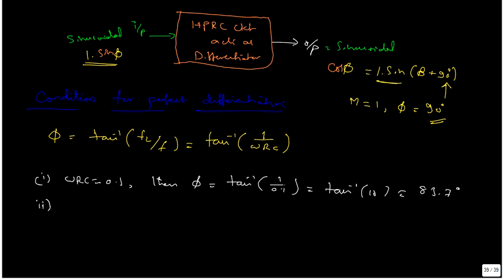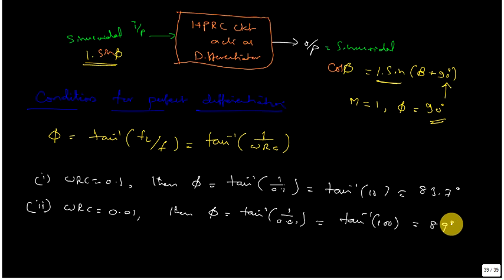For the second case, if omega RC is 0.01, then theta is tan inverse of 1 by 0.01, that means tan inverse of 100, which is approximately equal to 89.4 degrees. So it is approximately 90 degrees. If we maintain omega RC equal to 0.01, then it acts as a perfect differentiator.